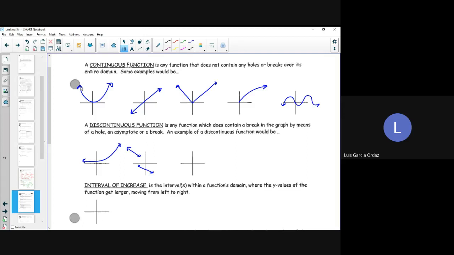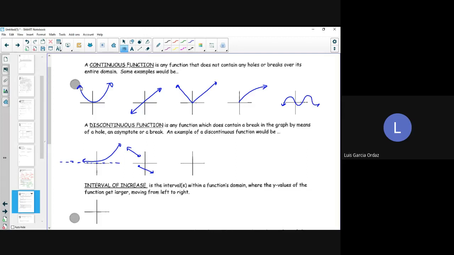Sir, why is the asymptote one a discontinuous thing? It's not like it's breaking anyway. It just doesn't touch zero. The definition states that there has to be an asymptote or a break in the graph. Is there an example of another discontinuous function that you guys can think of?